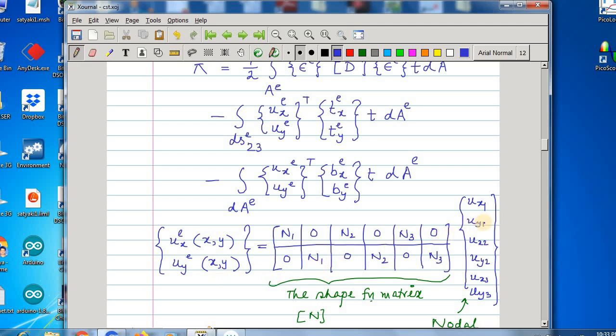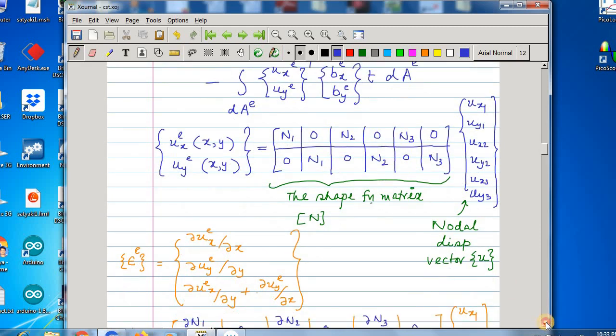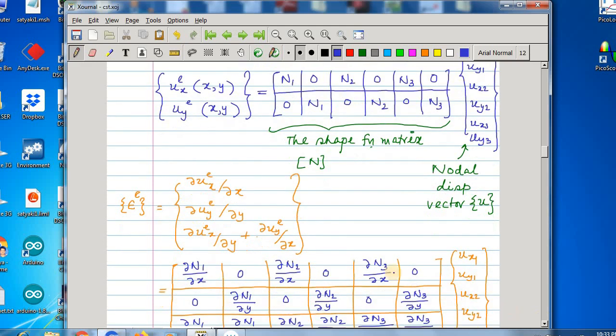Similarly, for uy, the y displacements at the nodes are interpolated, and this matrix we call the shape function matrix N. And you know that the strain within the element is defined like this.